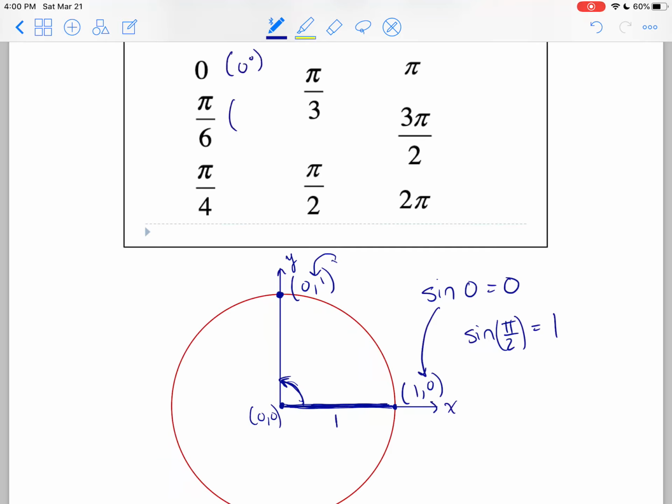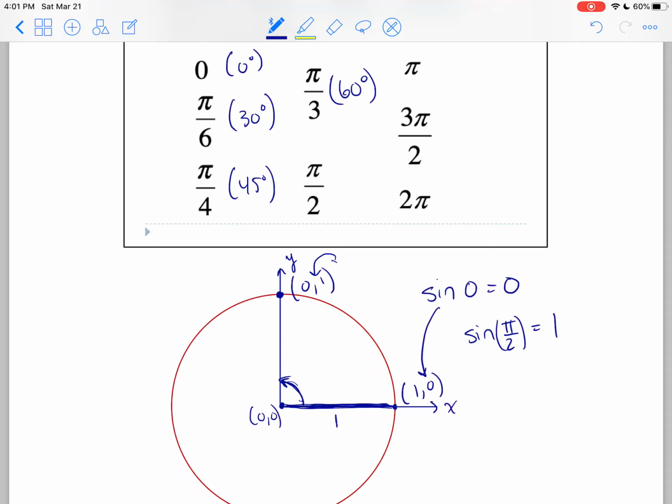So 0 radians is 0 degrees, and pi over 6 is 30 degrees. Okay, and pi over 4 is 45 degrees. Pi over 3 is 60 degrees.